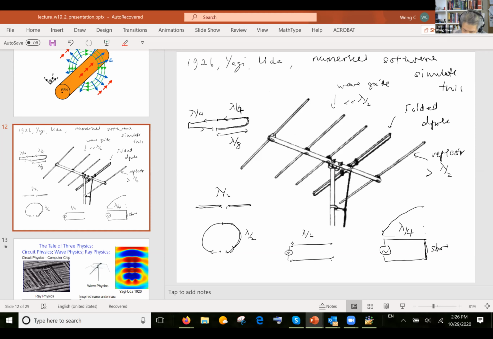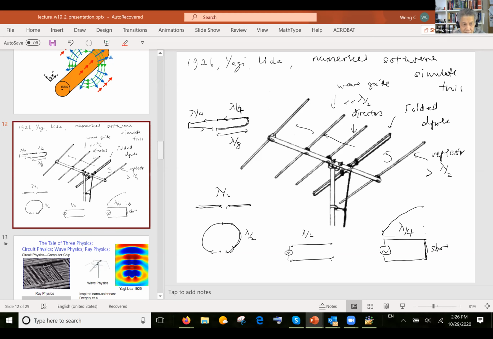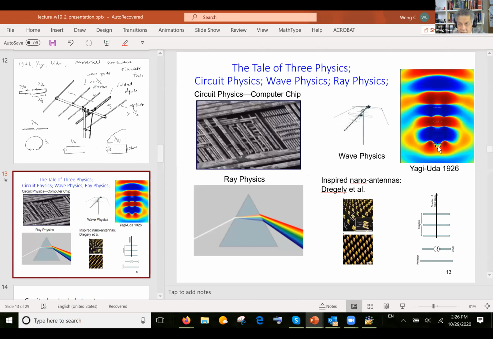So these are also called directors, because eventually they direct the energy forward and then it bounces back from this reflector. So we have a simulation of this. I asked my students to actually simulate this antenna using FDTD.